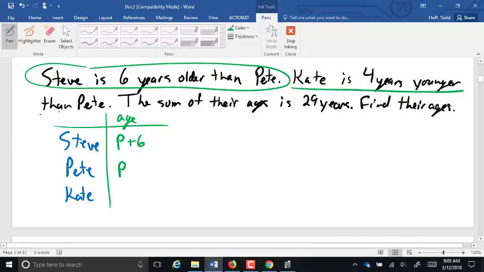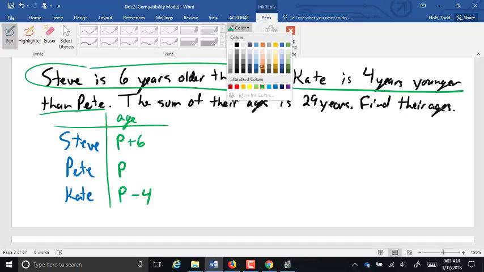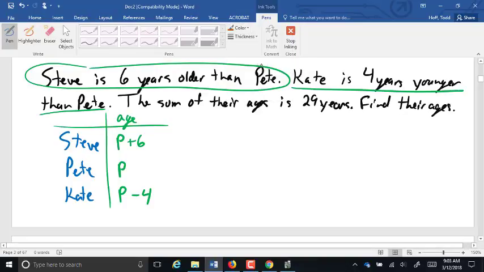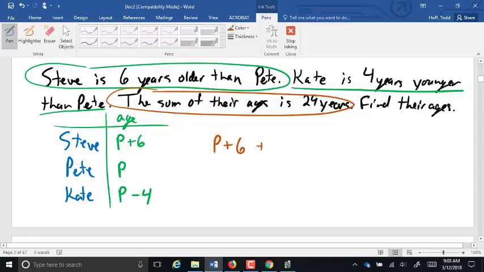Kate is 4 years younger than Pete, so Kate would be P minus 4. The sum of their ages is 29 years, so I add them up. Steve is P plus 6, plus Pete, which is just P, plus Kate, which is P minus 4, has to add up to the 29 years total.